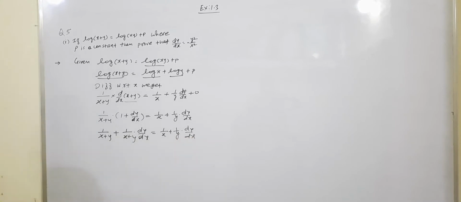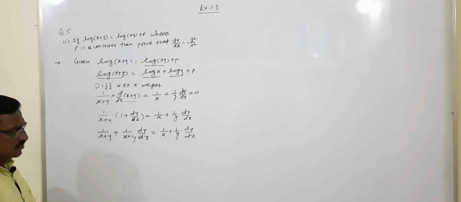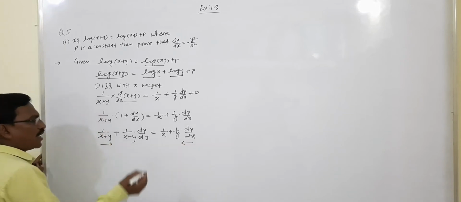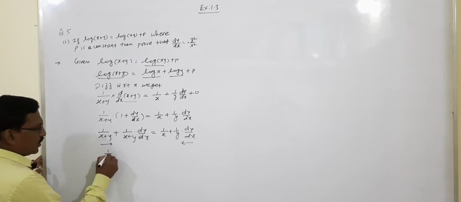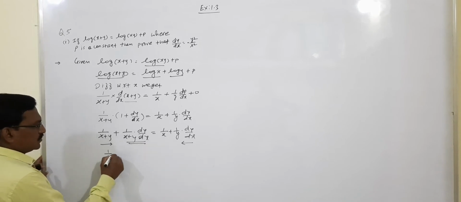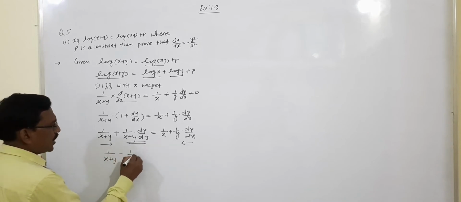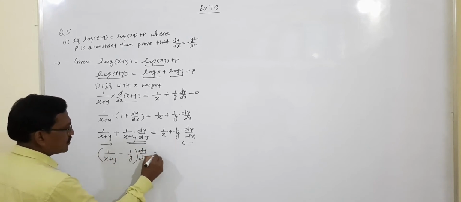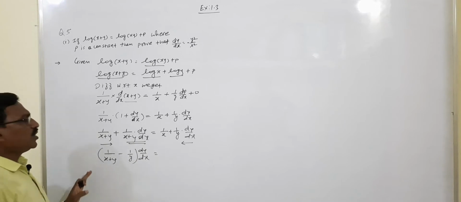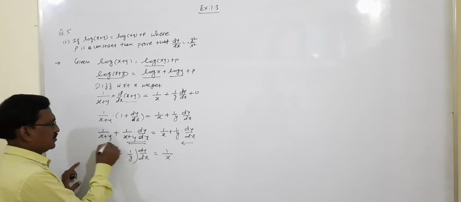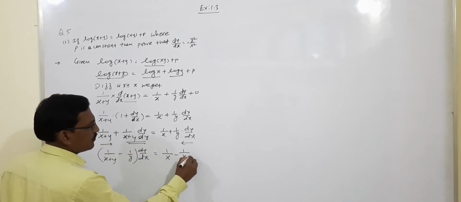Now we take dy by dx terms in the LHS and terms without dy by dx in the RHS. So here 1 by x plus y is the dy by dx term, then minus 1 by y, and we take dy by dx common from these two terms, is equal to the remaining terms: 1 by x minus 1 by x plus y.